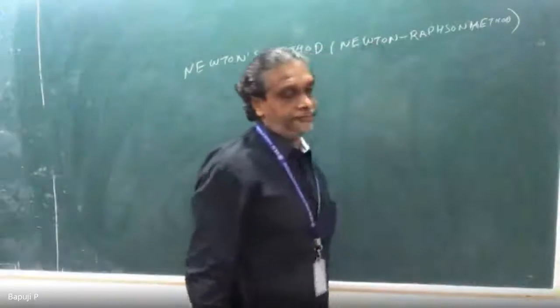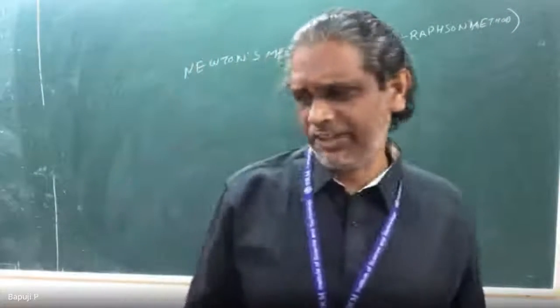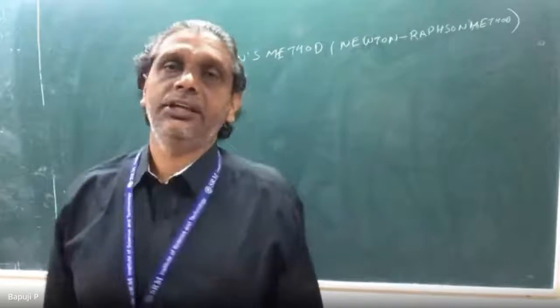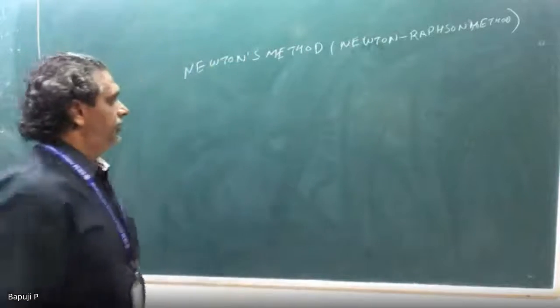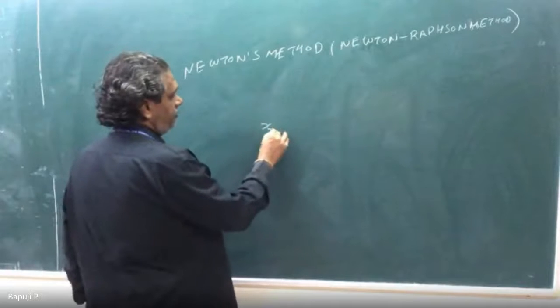It's actually called the method of secant. They will draw the tangent, but the theory is not declared. Just remember the formula. Then they will like to find the n plus 1 root.